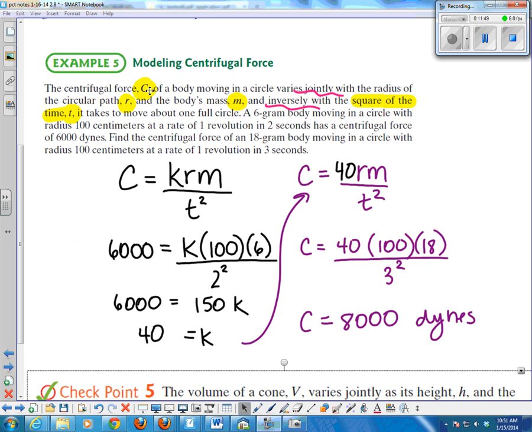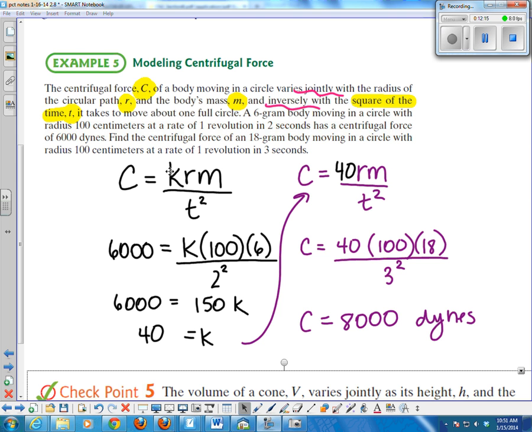Okay, so I've highlighted the variables that are important in the equation. We have centrifugal force C varies jointly, so that means you're going to have multiple variables. So first of all, directly, with the radius R and the body's mass M. So this gives me C equals K, varies jointly and varies directly.